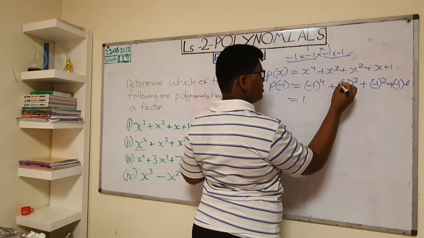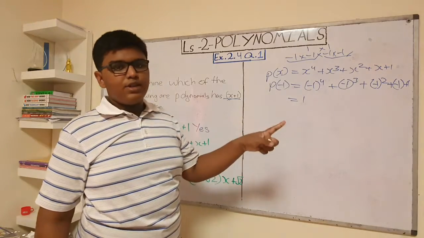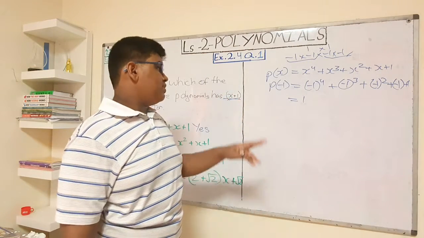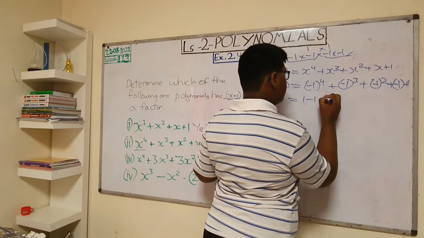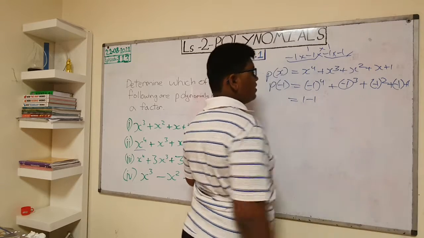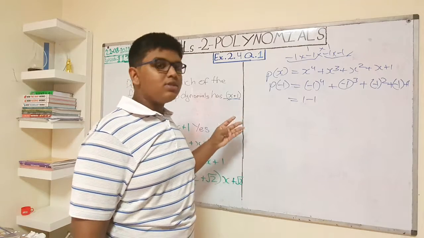Then plus, in our previous question minus 1 cube was minus 1, right? Then that will be minus 1 here also. Then plus minus 1 square. In our previous question minus 1 square was 1, right?